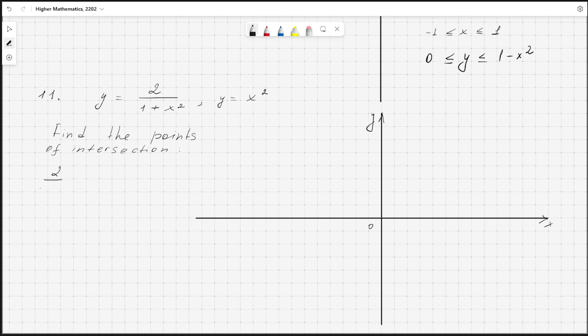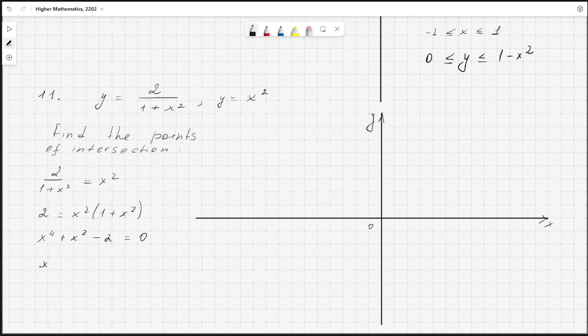Two over 1 plus x squared equals x squared. 2 equals x squared times 1 plus x squared. We will have x to the power of 4 plus x squared minus 2 equals 0. It is a quadratic equation. Discriminant.